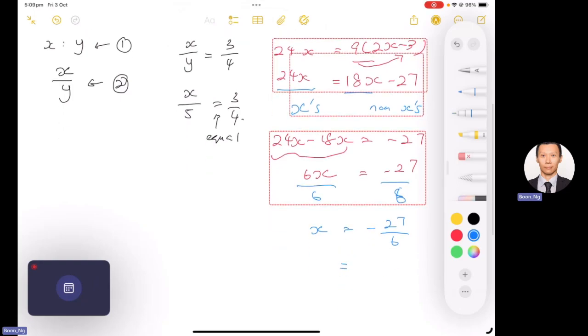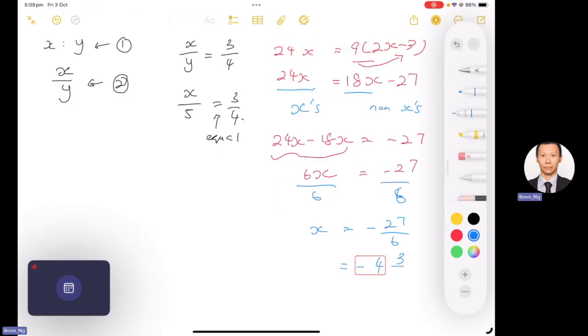I can simplify further. So minus 4 and 3 over 6. All right, then simplify it, we get 1 over 2.